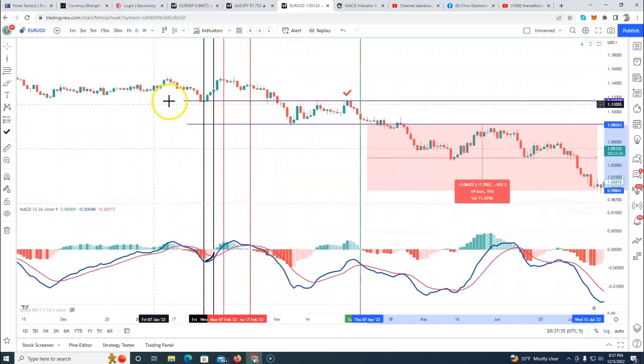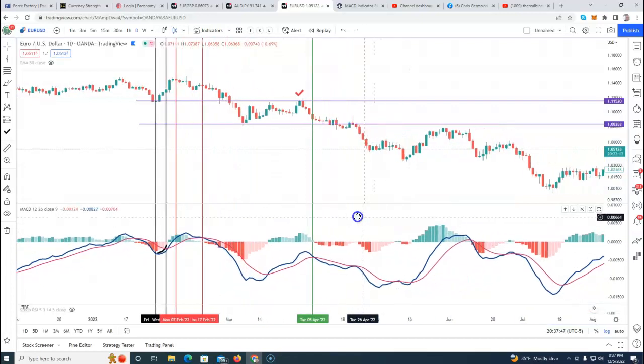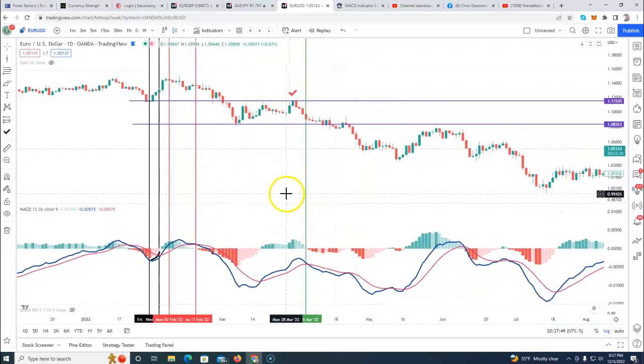And you got the confirmation. The first confirmation you got way back here because you had the histogram turning bearish, the MACD line crossing the signal line to the downside. That was your first confirmation. Then your second confirmation came in over here.